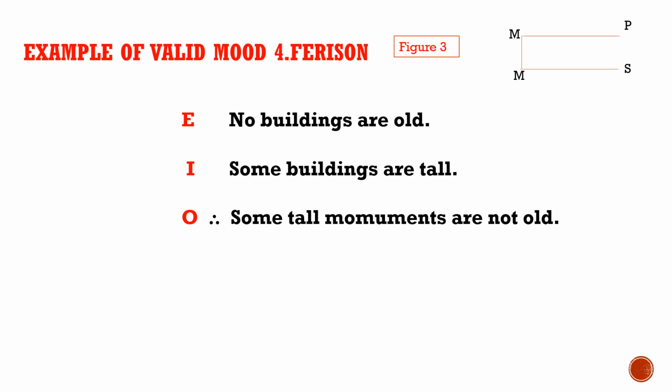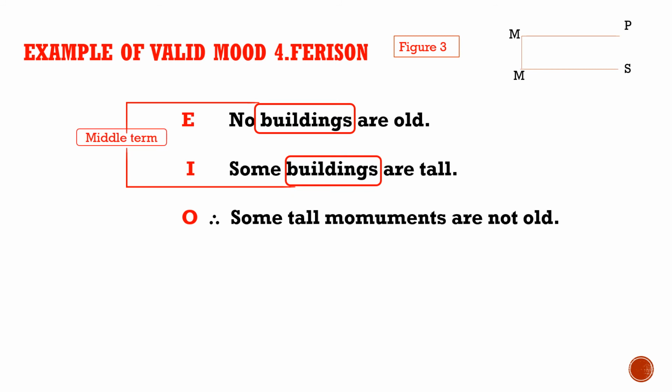Let us take an example of the valid mood 4, Ferison of figure 3. Its combination is EIO. And here the example is: no buildings are old, some buildings are tall, therefore some tall monuments are not old. Buildings will be the middle term and tall will be the subject term.